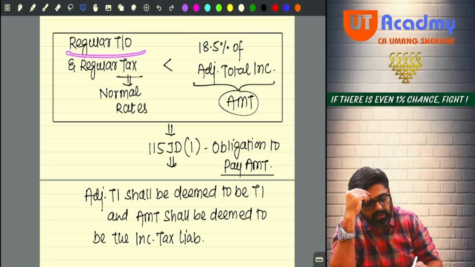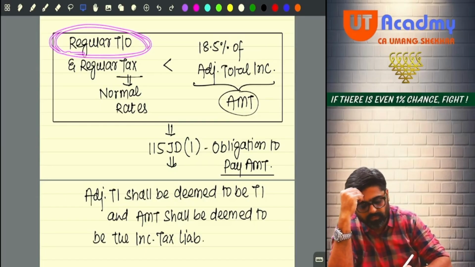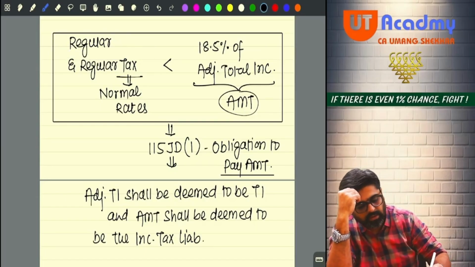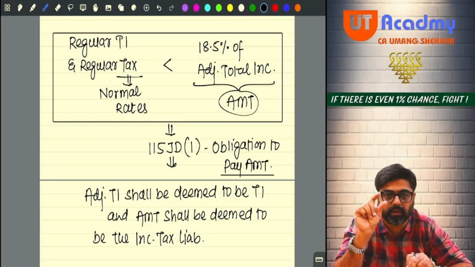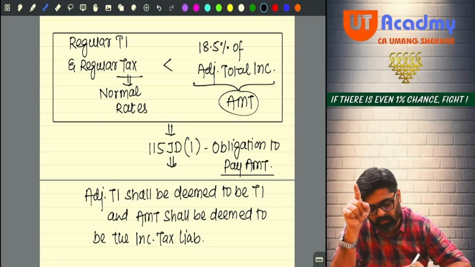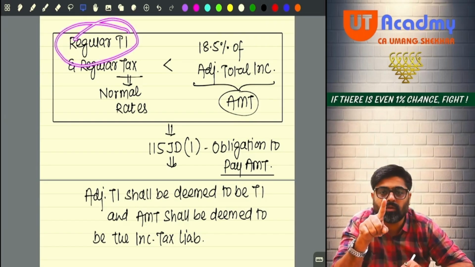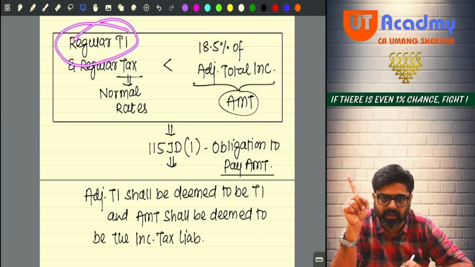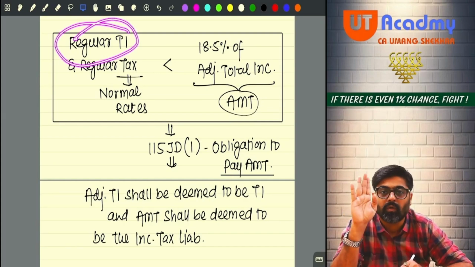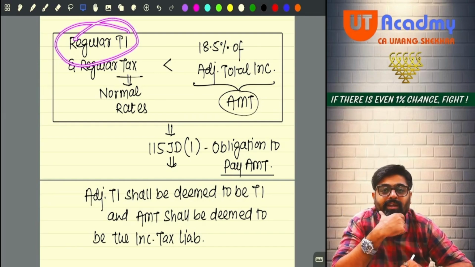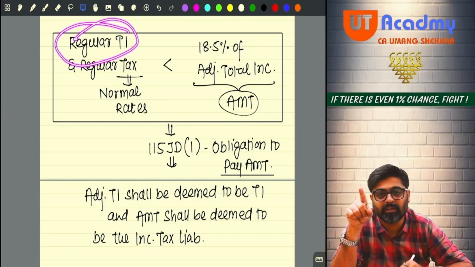See, the total income which you have calculated, the regular total income. This regular total income you have calculated by taking those deductions. What if we were not allowing you those deductions? Then this amount would have been higher.